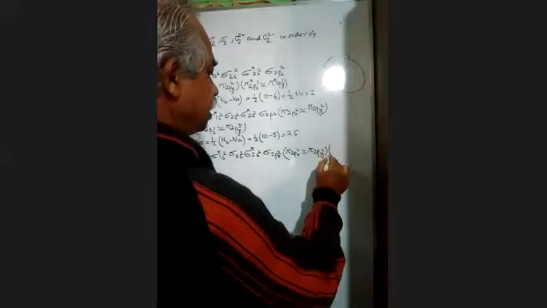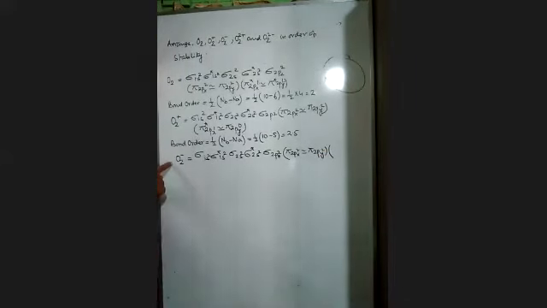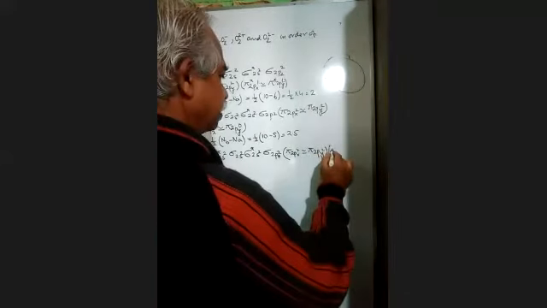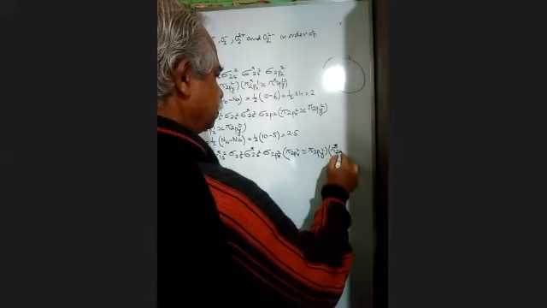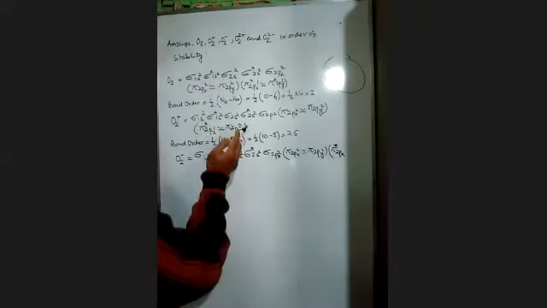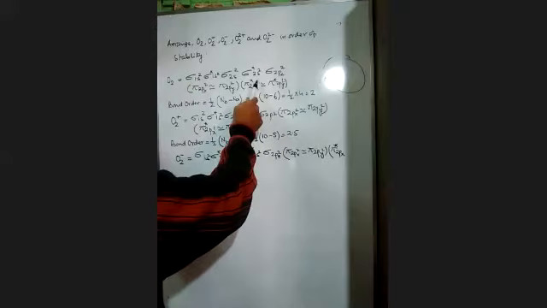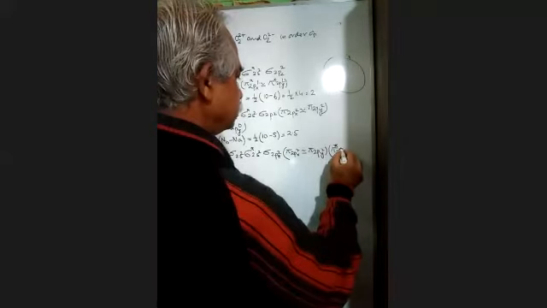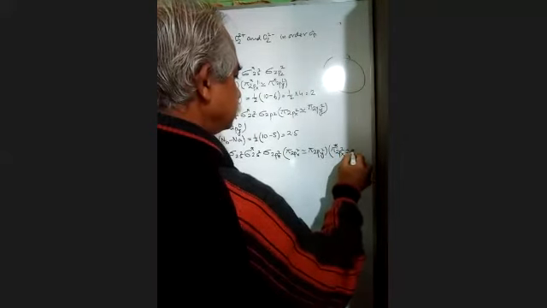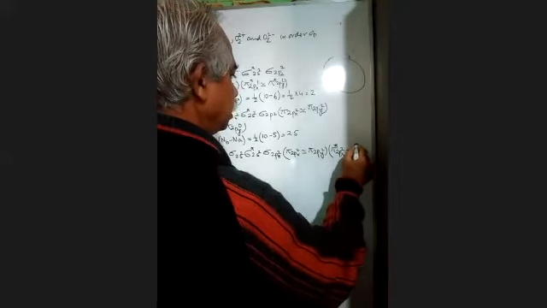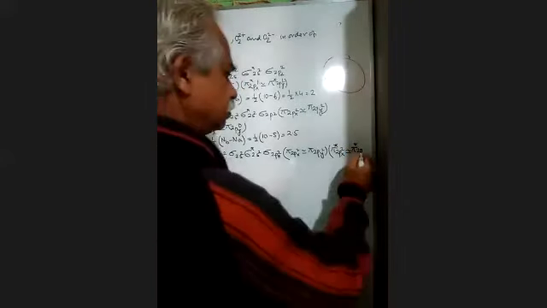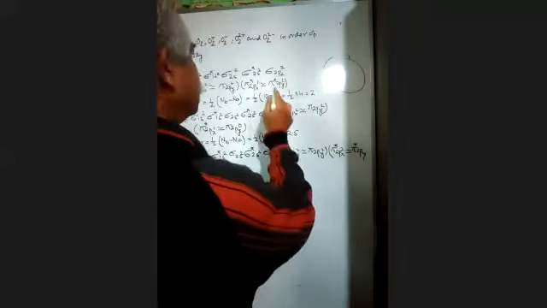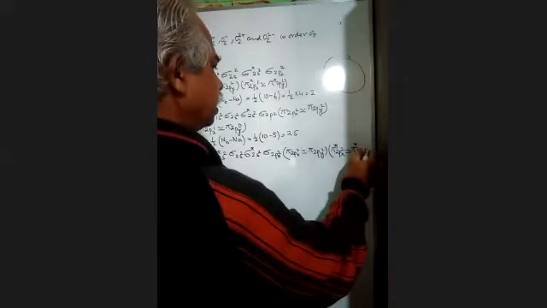Let me write it here. See, now electron is added here. So I can put anywhere. Okay, let me put it here 2px. See, it was 1. So I'll add here, it will become 2. This is 1, it will remain 1.